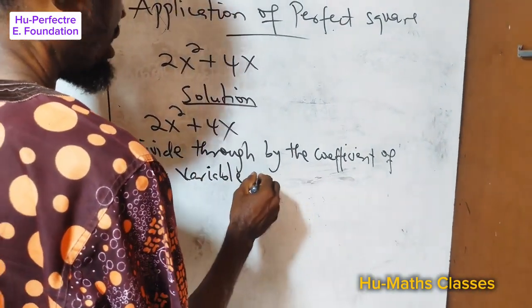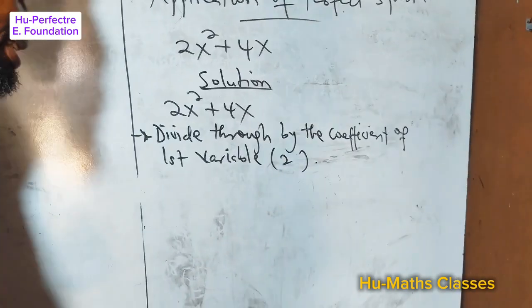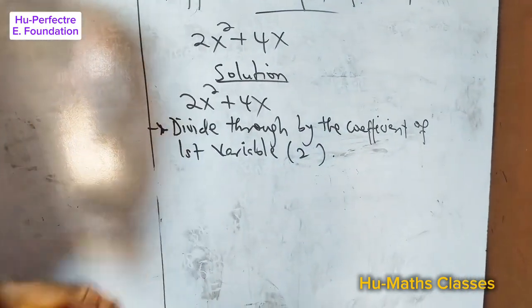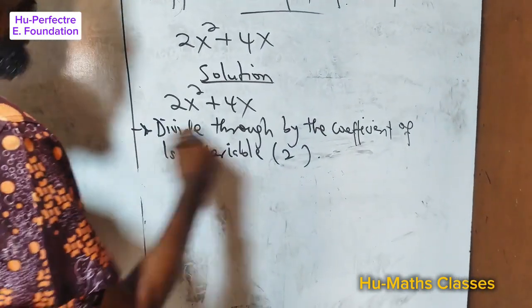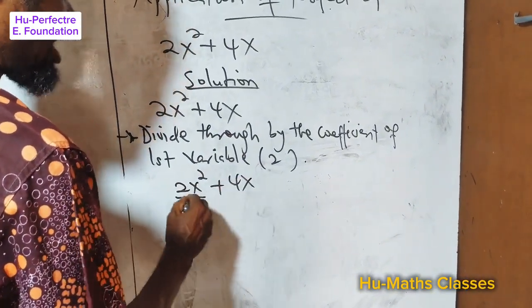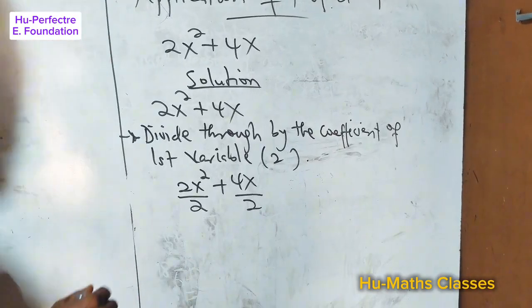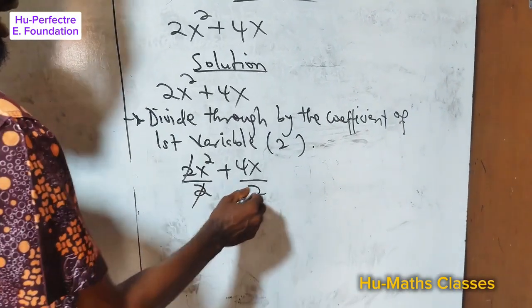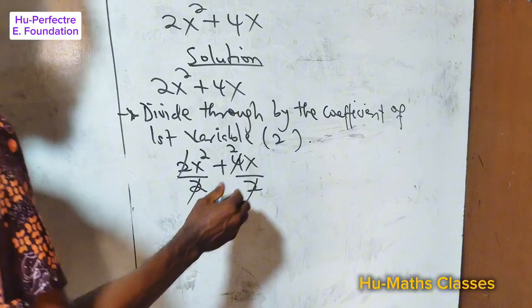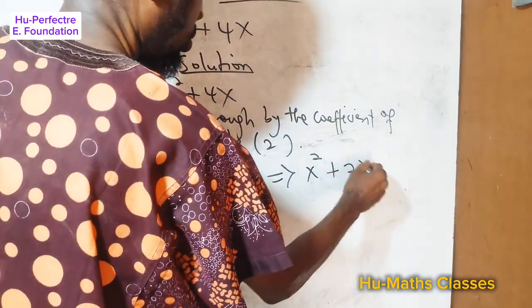And that coefficient is 2. Remember, a coefficient is a number attached to a letter or a variable by times. So I'm going to divide through by 2. I will have 2x to the power 2 plus 4x, all divided by 2. I will divide everything by 2. So 2 cancels 2, and 2 cancels 4, leaving 2. So what we have left is x raised to the power 2 plus 2x.